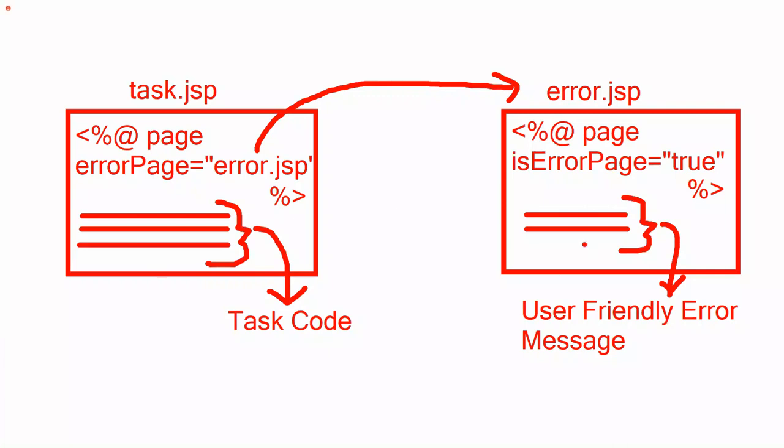Now, user-friendly error message, if you want to write, separate JSP program, you have to write. That URL, you have to write here. Okay. So, when this error.jsp executed, whenever exception occurs in task.jsp. Write this one.